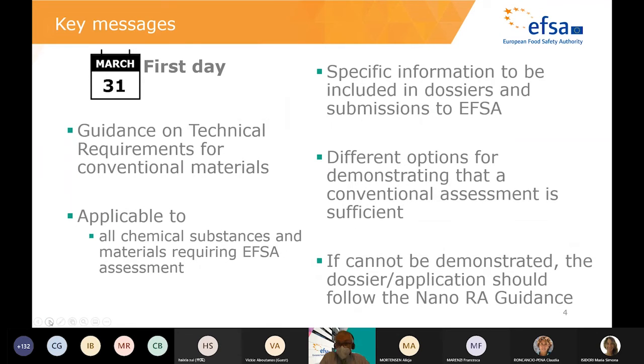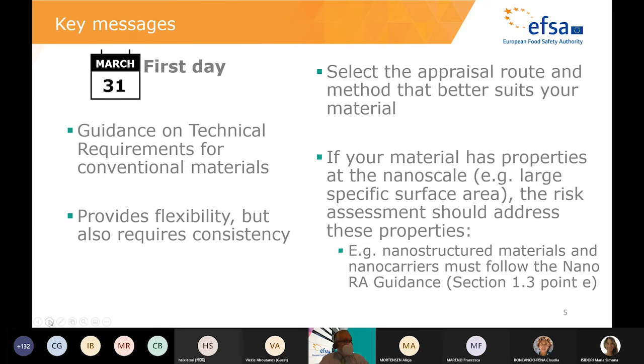So if at the end you find that your product is different from your initial assessment, obviously from the safety perspective there is a need to address those properties, but it could also be a good opportunity. And finally, the guidance is based on flexibility, but also needs consistency.